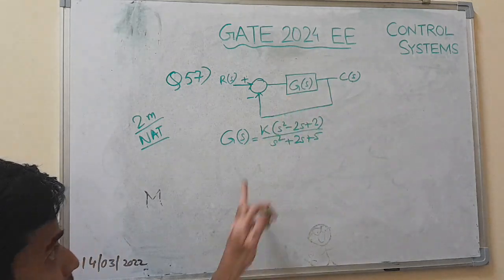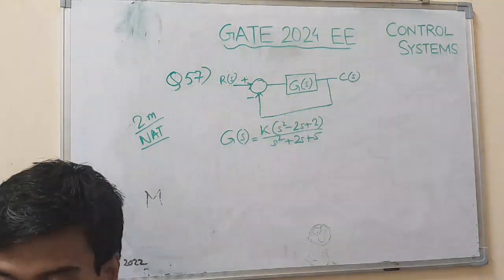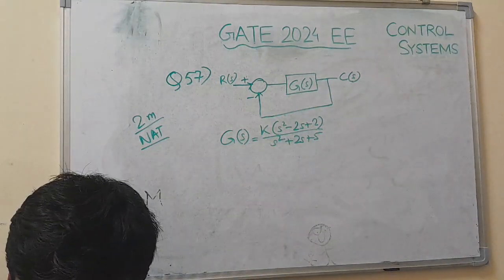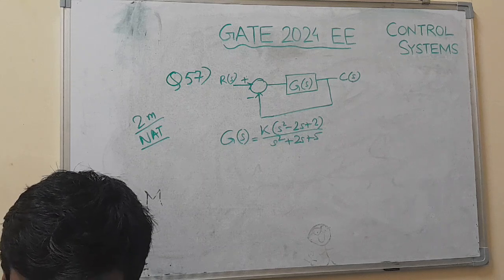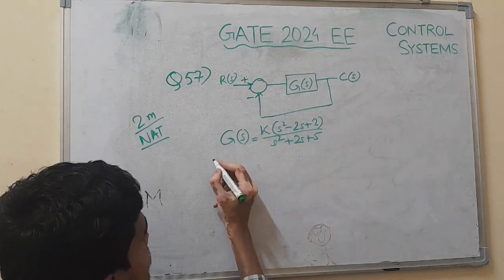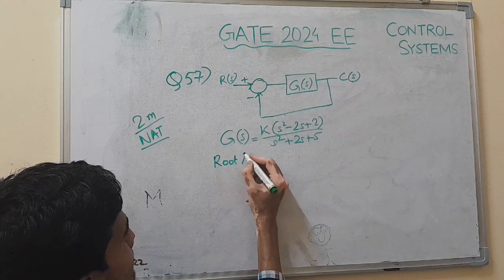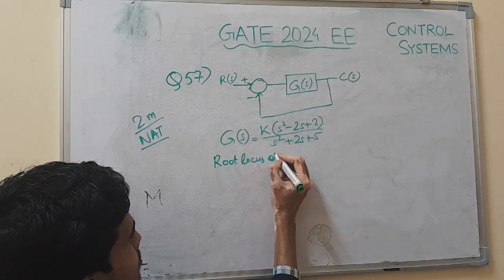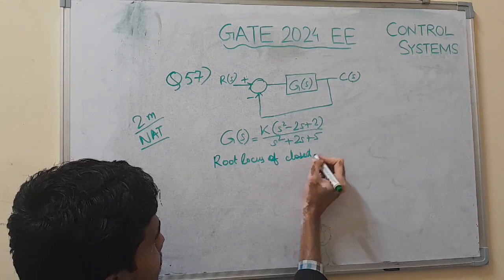This is given as G(s), and the root locus of the closed loop system is to be drawn.